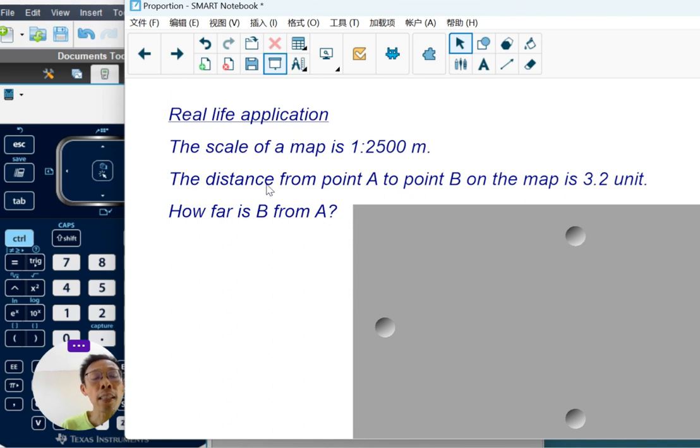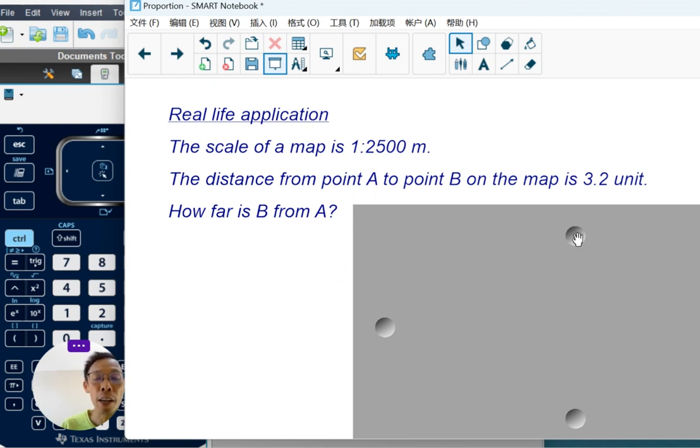Here is one last thing about real-life application. The scale of a map can be 1 to 2,500 meters. The distance from point A to point B on the map is 3.2 units. How far is B from A? Again, you may want to give this a try. Once you are ready, check the answer. All right, welcome back.